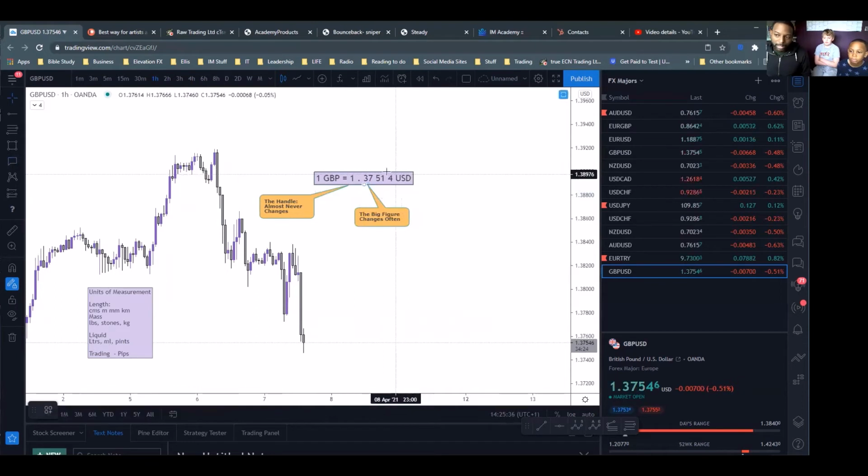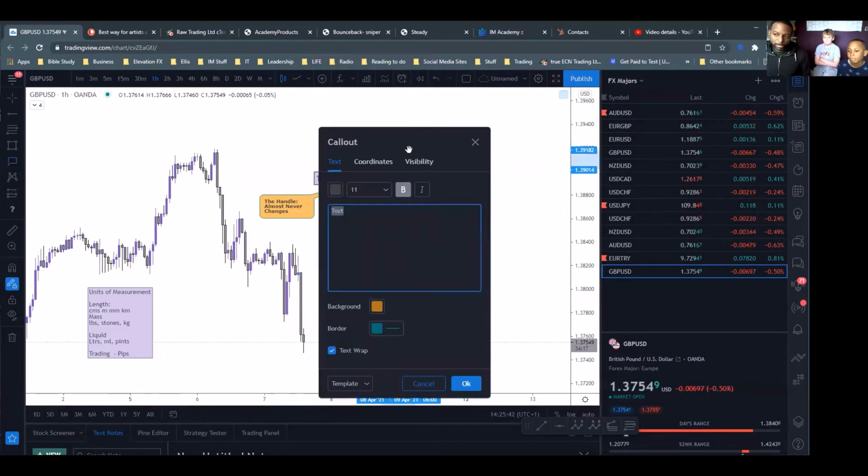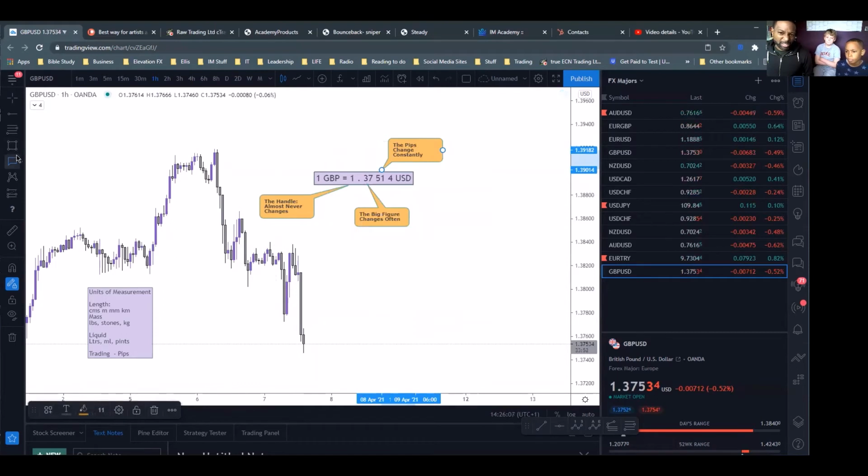Now, we've got these last 2 digits here, the 3rd and the 4th decimal, and these ones are called the pips. Those are the ones we really have to pay a lot of attention to, and those pips change how often? Rapidly. Let's call it constantly. And then you've got this tiny little thing at the end, which we don't really care too much about.